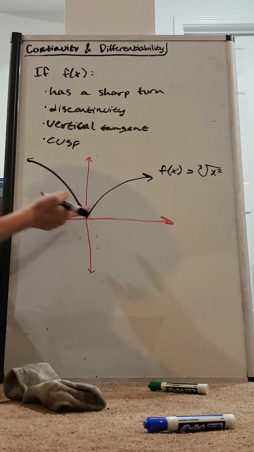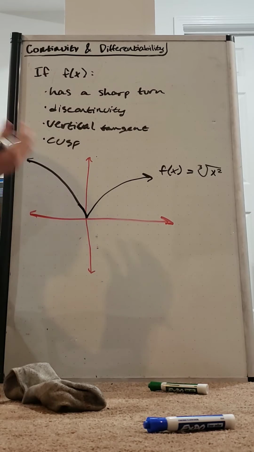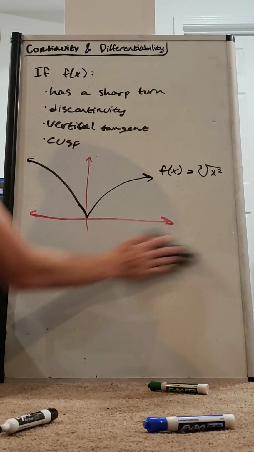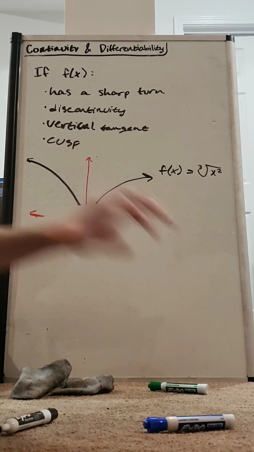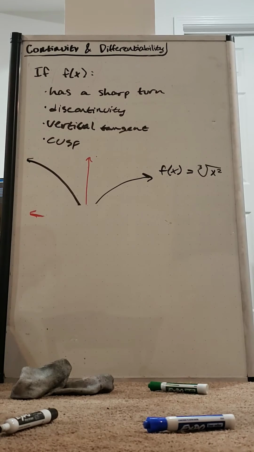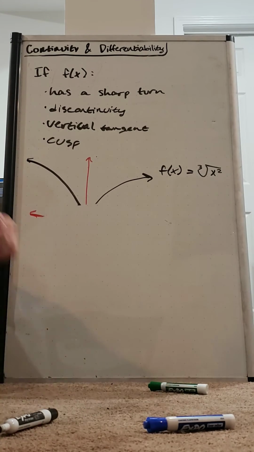This has a cusp here. Again, it's a sharp turn where it's continuous but not differentiable. And those are our four times where our function is not differentiable.